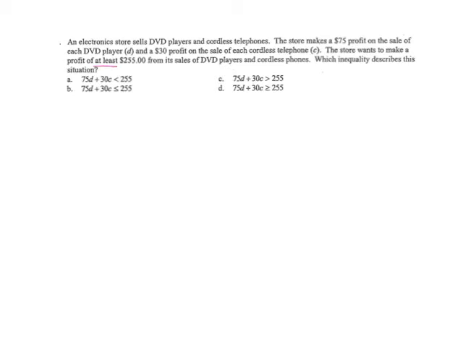So if we look at these inequalities here, they make a $75 profit on the sale of each DVD player, that's D, and a $30 profit on the sale of each cordless telephone. Remember that each tells us that we're multiplying. So it's $75 times the number of DVD players and $30 times the number of phones.